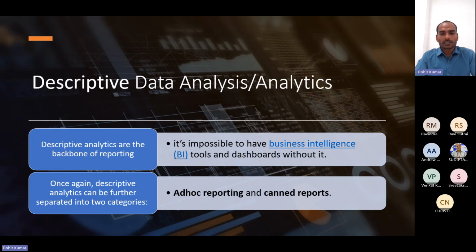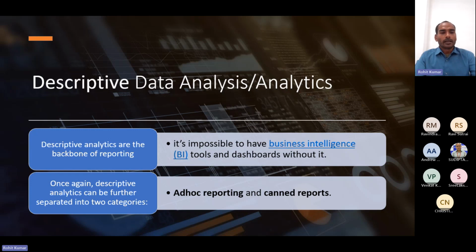They are saying to have business intelligence, but ultimately we are not interested in the tool or intelligence. We are most bothered about the decisions, though the decisions are directly related to intelligence only. In a better way, I should have put over here that it is impossible to have right decisions without descriptive analytics. So indirectly we can point to business intelligence.